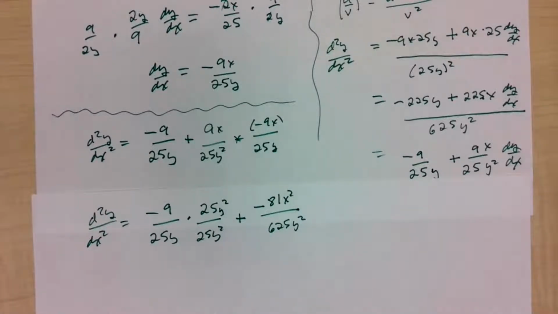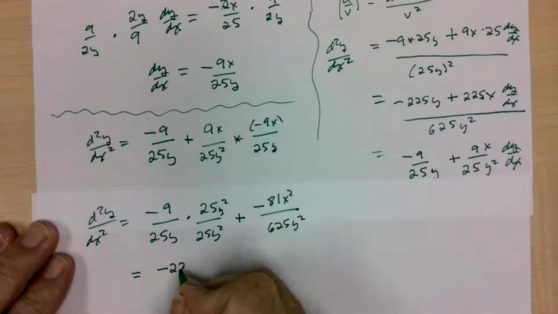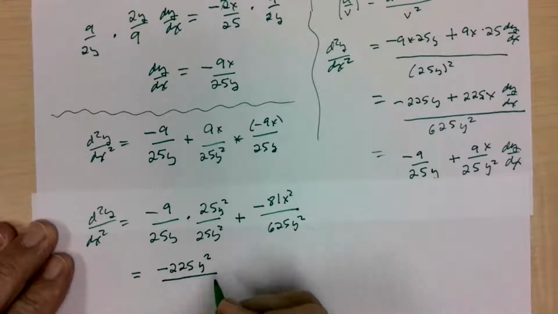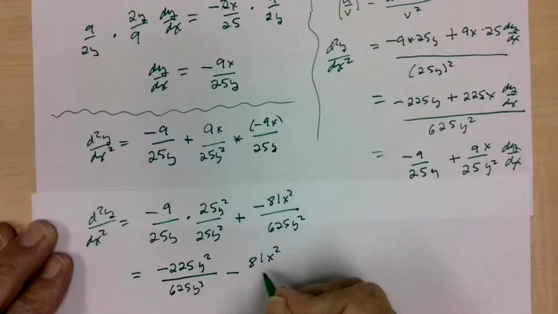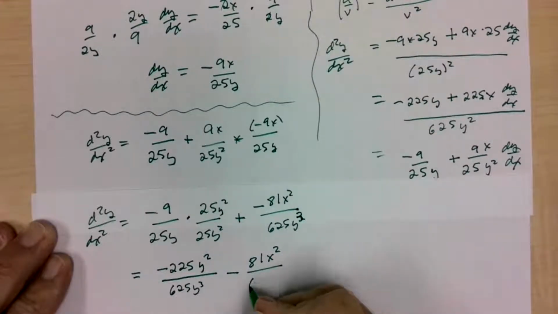So what is that going to give me? We have negative 225y squared over 625y cubed, minus 81x squared over 625y cubed.